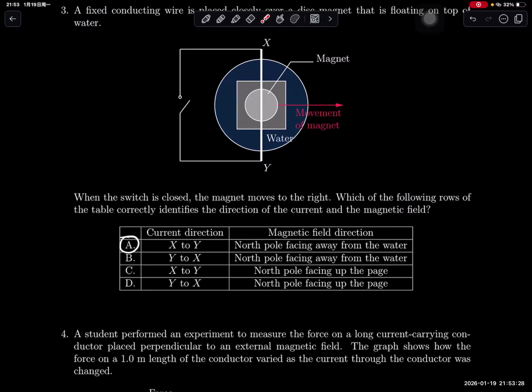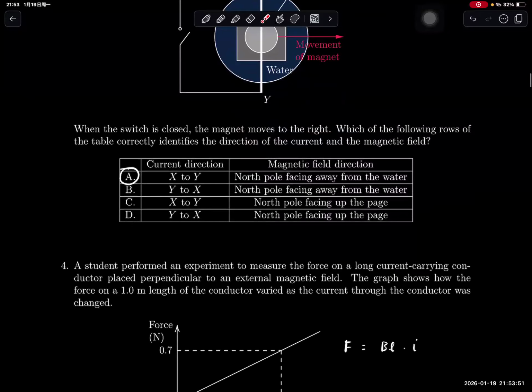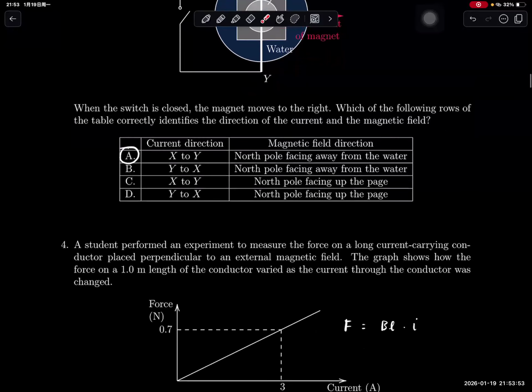Using your right hand rule, if current goes from X to Y, you could determine that the magnetic pole should have the north pole facing the wire and away from the water. So selection A meets all the consistency, so A is the right choice. You can verify yourself for B, C, and D. If you feel confused, let me know. I'll explain it in class.